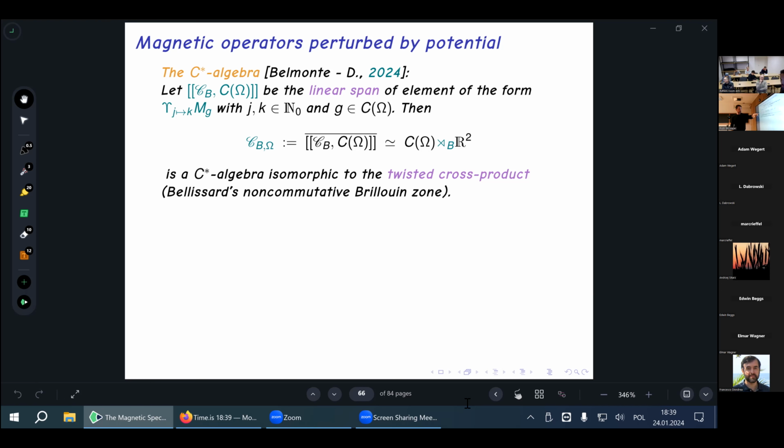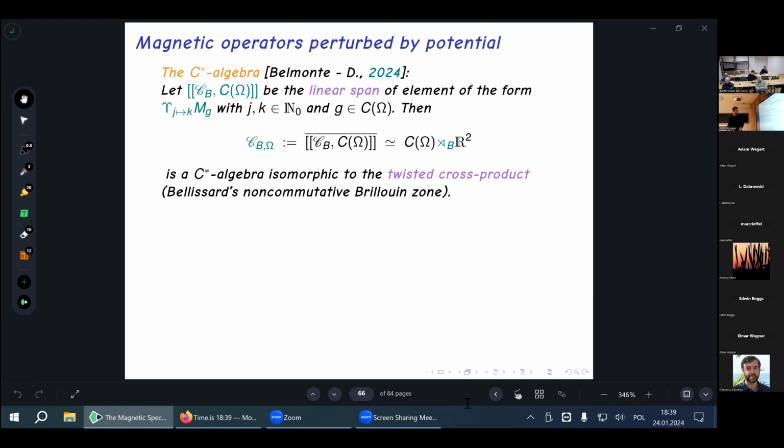Let me put on it the topology of the bounded operators on L2. I was telling you that the C*-algebra is indeed isomorphic to the crossed product twisted by B. Now in this representation, the left regular representation of my crossed product, the elements of this algebra can be expanded in these very simple operators.